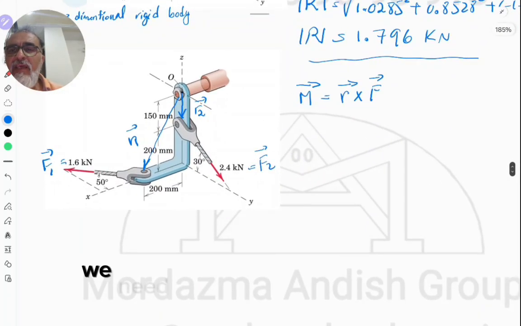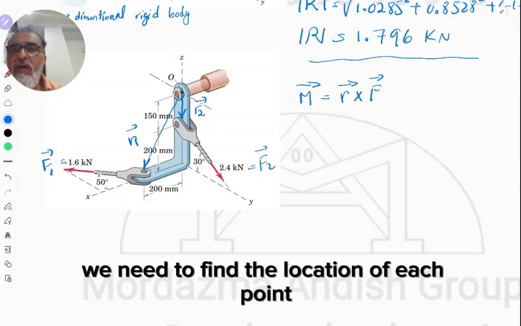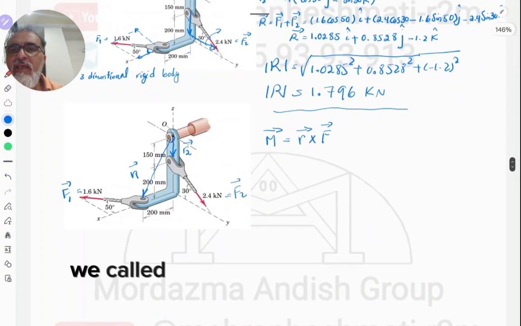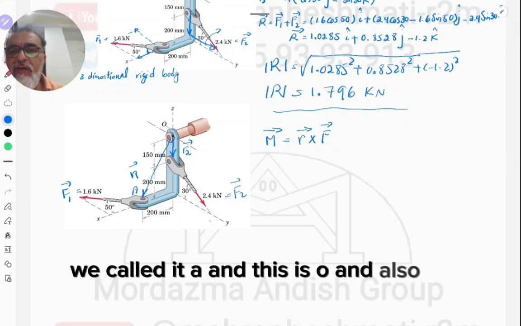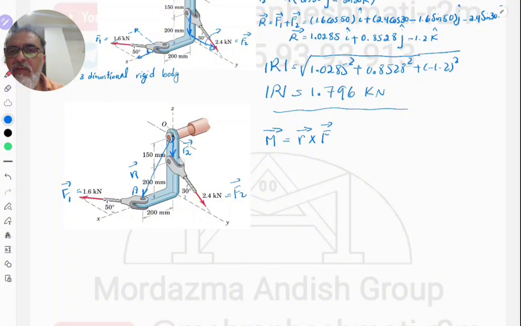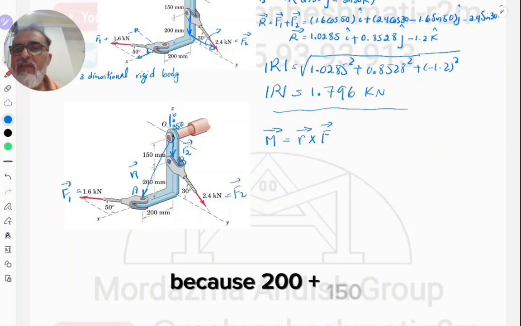So we need to find the location of each point. I mean, we call this A and this is O, and also we call this one B. O is 0, 0, 350 millimeters, because 200 plus 150.